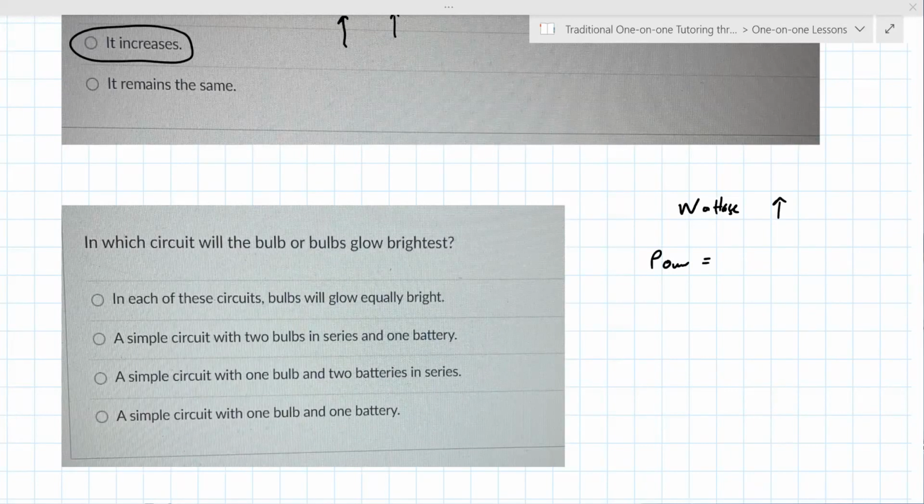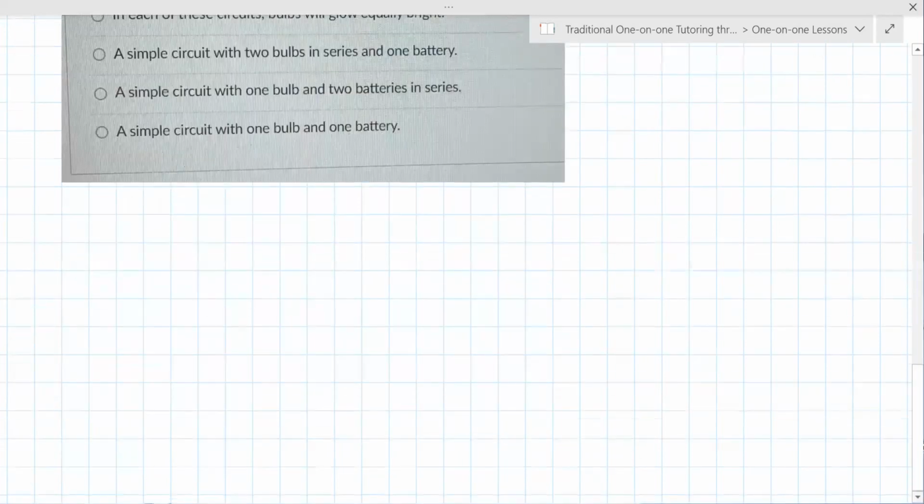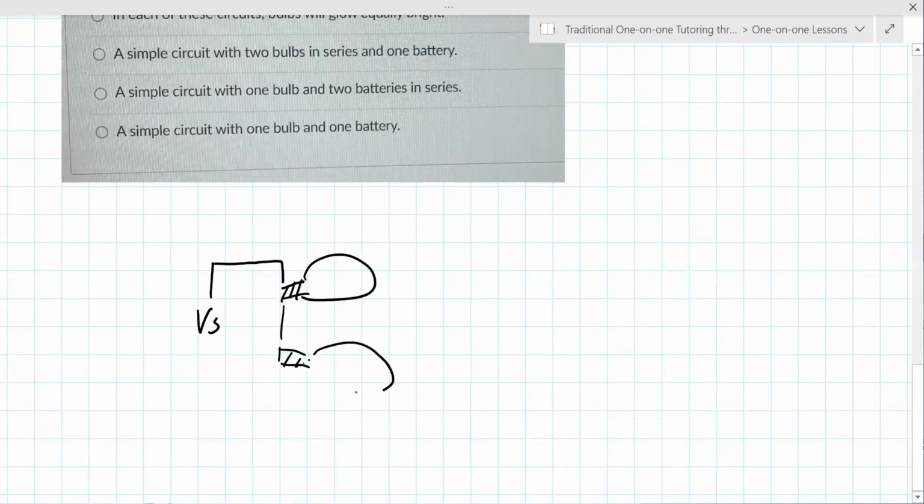So, okay, let's diagram them. 2 bulbs in series with 1 battery. So the battery is your voltage source, and you can think of your bulb as a resistor. I guess that's the bulb. Well, that's really not drawn well. And then there's another bulb here.